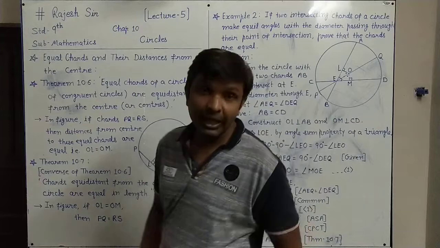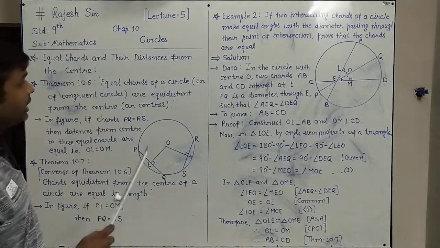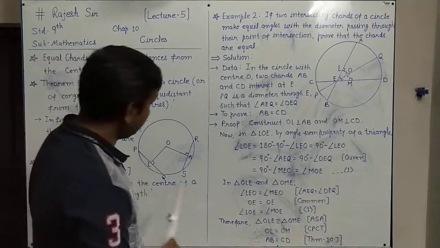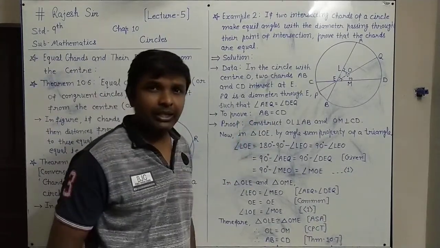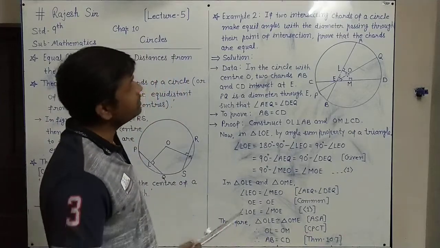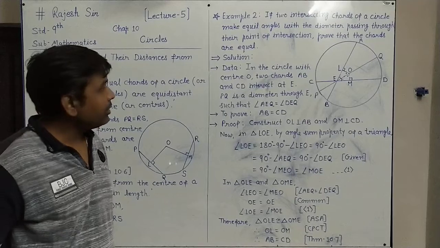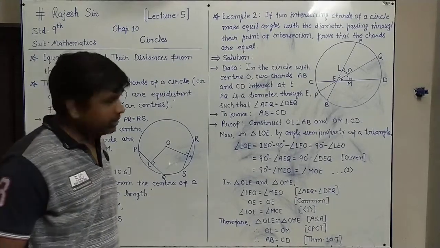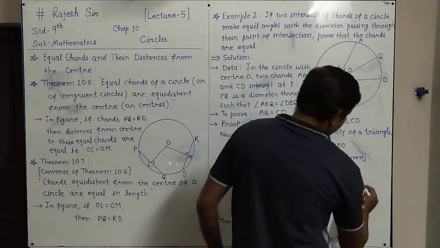So this way we have seen theorems 10.6 and 10.7, and how, using these theorems, we can give the proof, or we can solve some examples and questions of the exercise. So this is example 2 we have understood. Now exercise 10.4 is your homework to do.